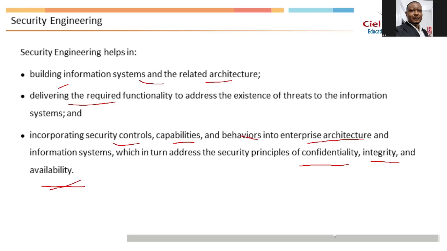So to be able to effectively implement security using security engineering, remember we said there are a couple of frameworks. A framework basically helps us design and manage complex systems within the organization. And we have various architectural frameworks.